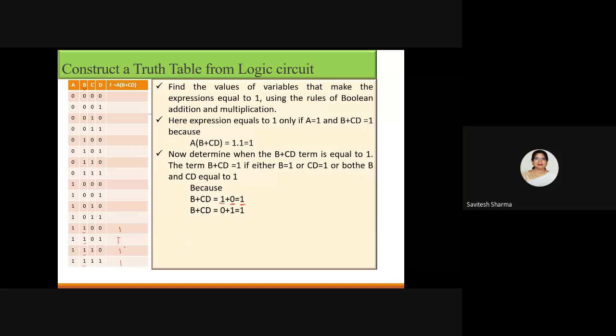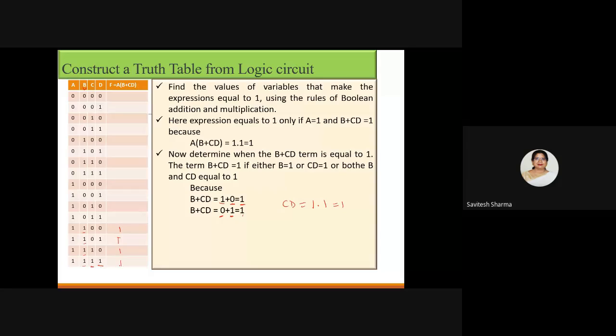Next case, I know that if b is 0 but cd is 1, again it will give you 1. So what are the cases when cd is 1? cd will be 1 only and only when c is 1 and d is 1. Then you will get 1. So this is the case when c is 1, d is 1.